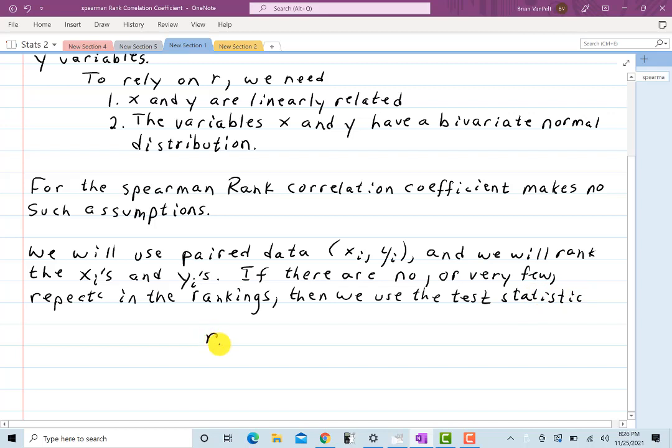It'll go by R sub S, and that equals 1 minus 6 times the sum of a bunch of d squares divided by n times n squared minus 1. N equals the number of pairs Xi, Yi.